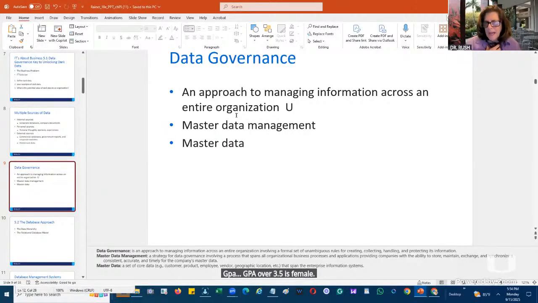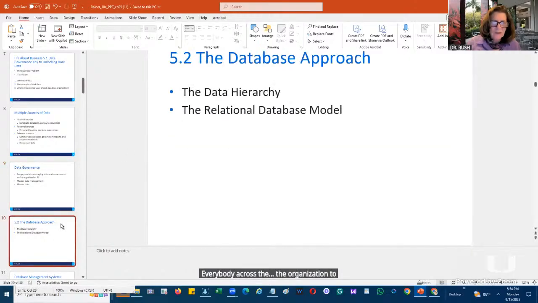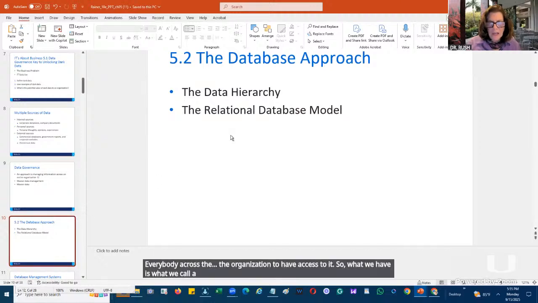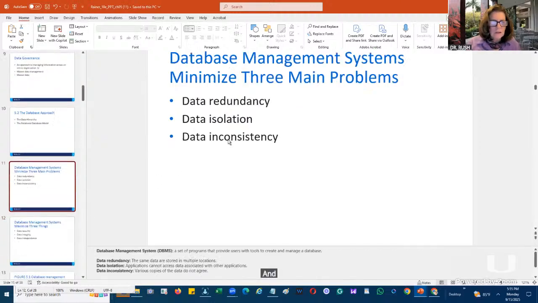I don't know what that is. So we want everybody across the organization to have access to it. So what we have is what we call a data hierarchy and a relational data model. And this is what you're going to need to know, Connor, for the exam.